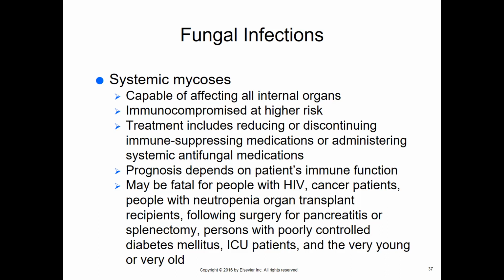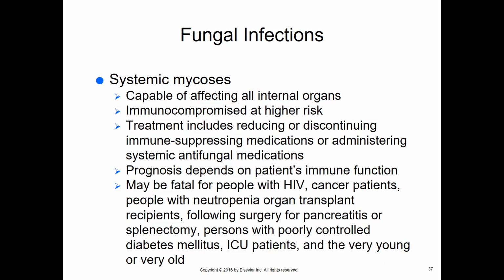So the organisms for the systemic mycoses usually include Histoplasma capsulatum, Penicillium marneffei, Paracoccidioides brasiliensis, and Coccidioides immitis. They're considered systemic infections, and transmission is through contact with the actual spores, or it can also be spread airborne, waterborne, and foodborne.